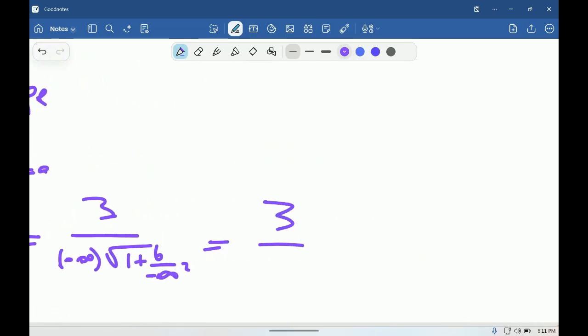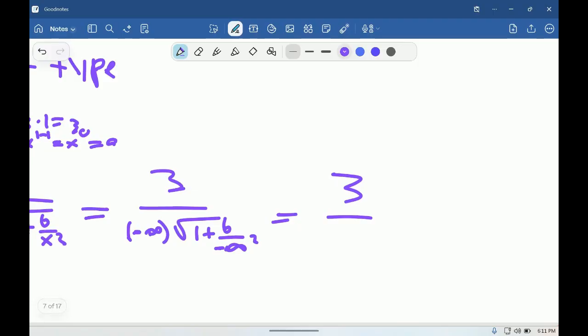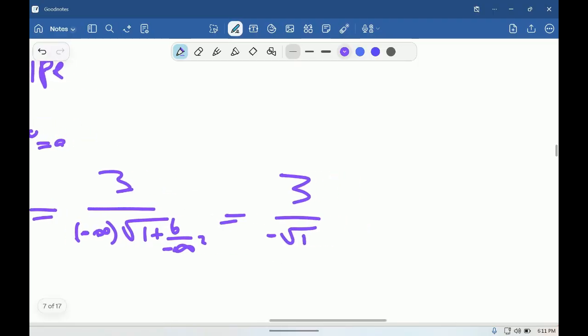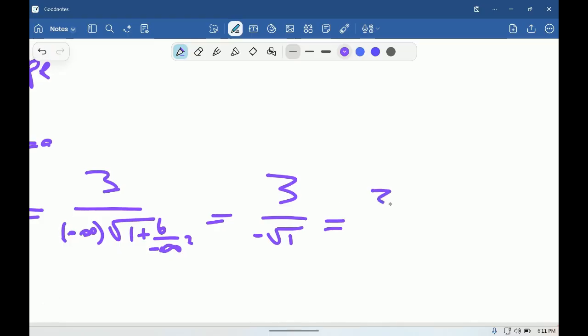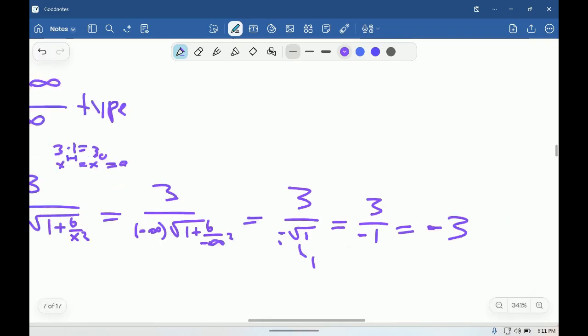This is going to give us 3 over 1, but we keep the negative 1. We're going to get negative 3.